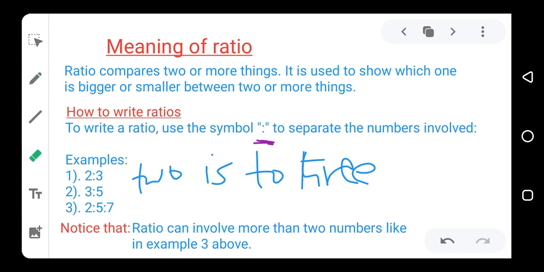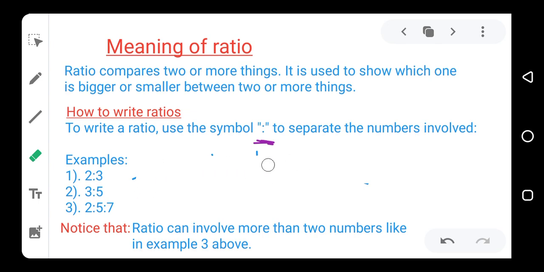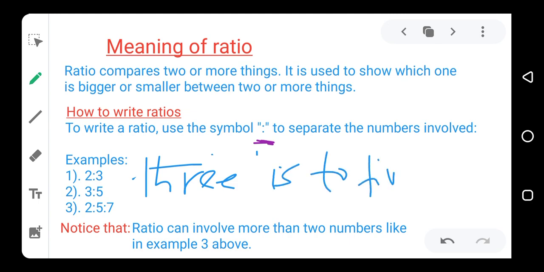So if we want to read the second one, we say 3:5. So if we want to write it, we write it this way. But if we want to read it, we read it this way: 3:5. This one, the third one, is 2:5:7.